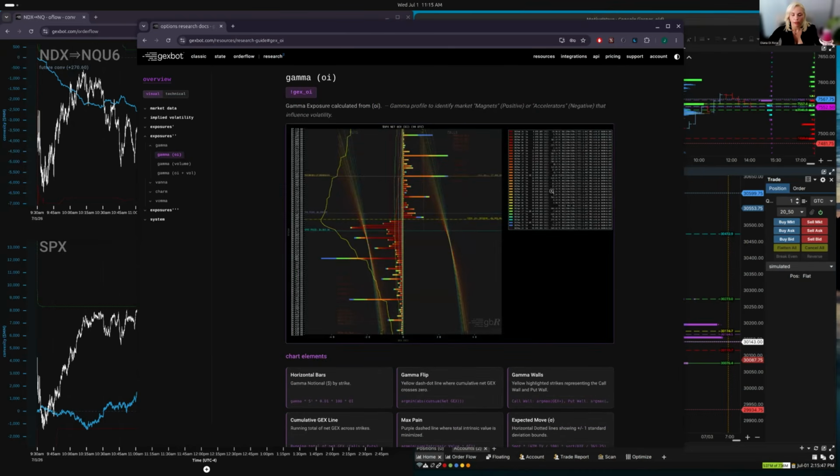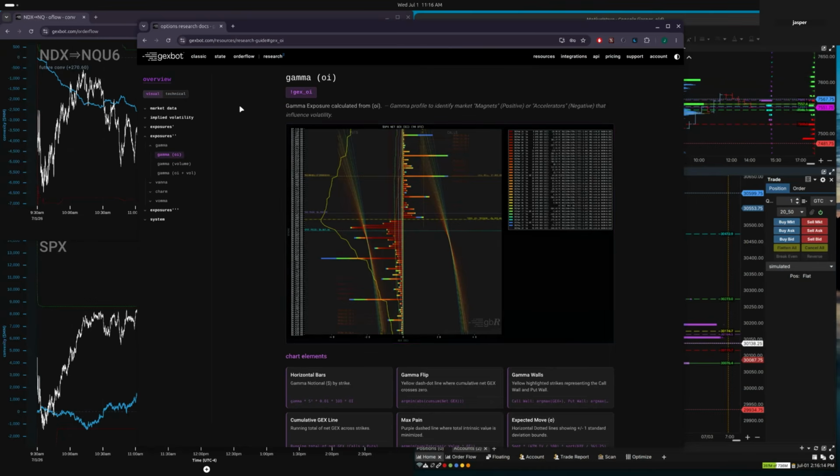So what are you guys working on at the moment to improve Gexbot? What are you guys doing right now? We're about to release our historical data access. People have been asking about this for a while, and we finally put it together where people can not just access our historical data via the web app, but can also download bundled zip folders or flat file access to all of the history that we have.